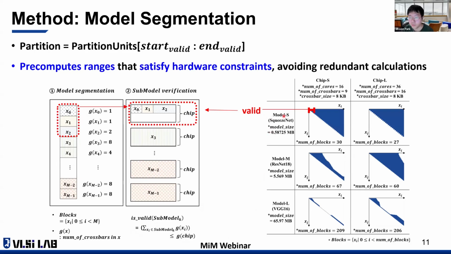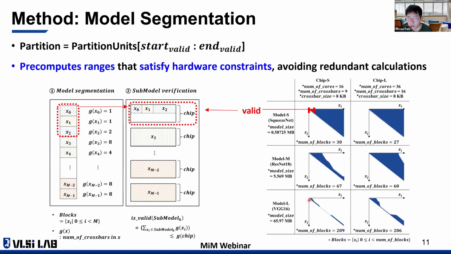For each model, when you have a starting index of a partition unit, you get how many partition units can be valid for a single chip, and you can pre-calculate it into a table like this. For small models, it can just fit them all, so the table looks like this.